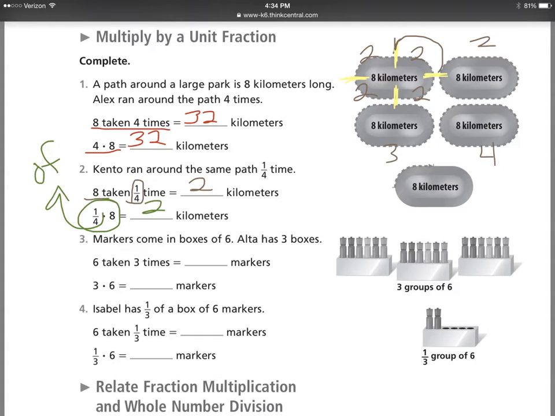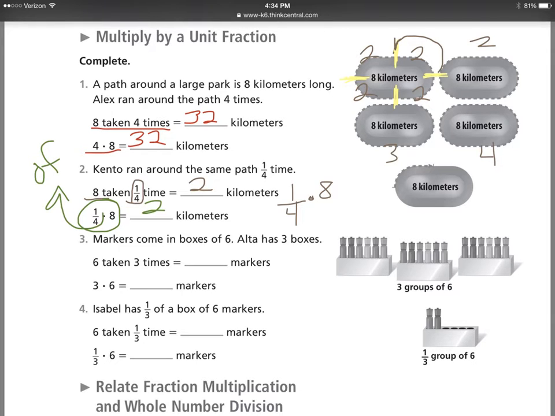I also want to take this opportunity to show you exactly how we multiply fractions. We normally would not use a diagram, although those are excellent ways to find the answers. But typically, we'll be multiplying fractions by multiplying straight across. So here we have 1/4 of 8.